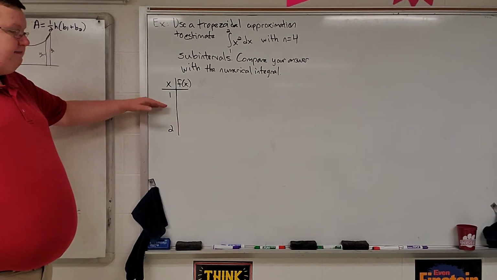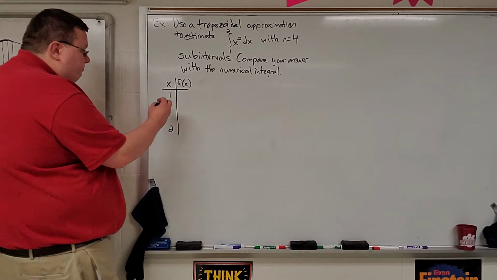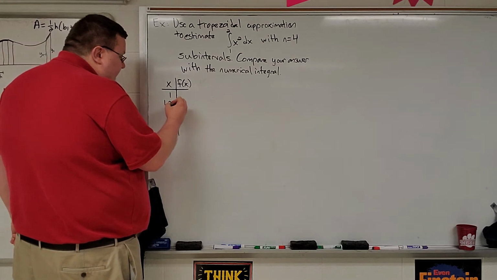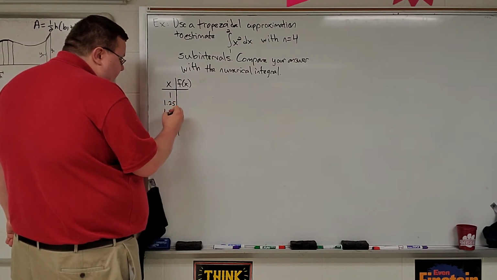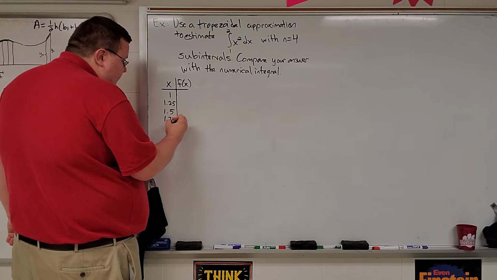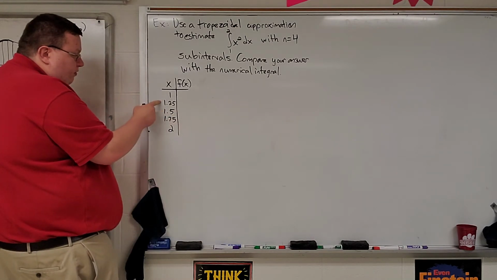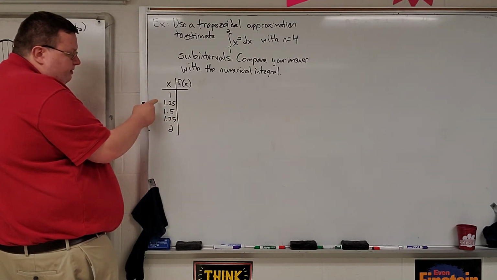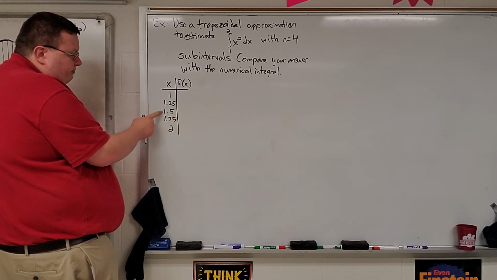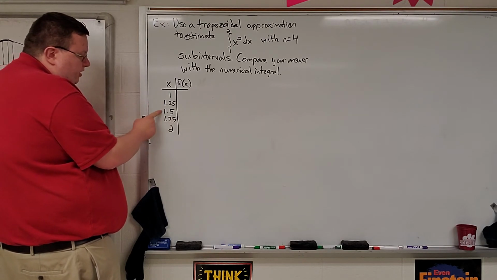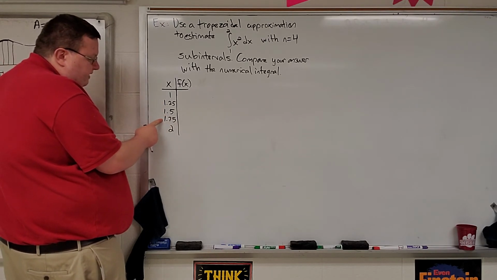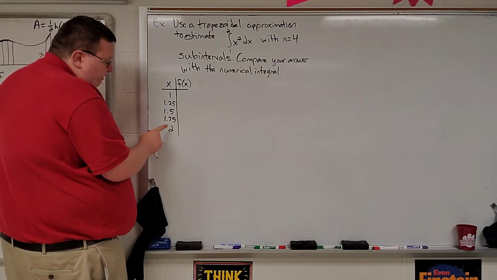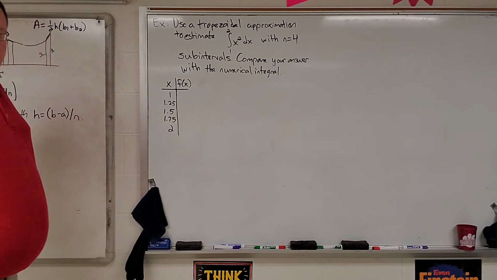We'll need 1.25, 1.5, and 1.75. From 1 to 1.25 is one subinterval, from 1.25 to 1.5 is another, from 1.5 to 1.75 is another, and from 1.75 to 2 is another.